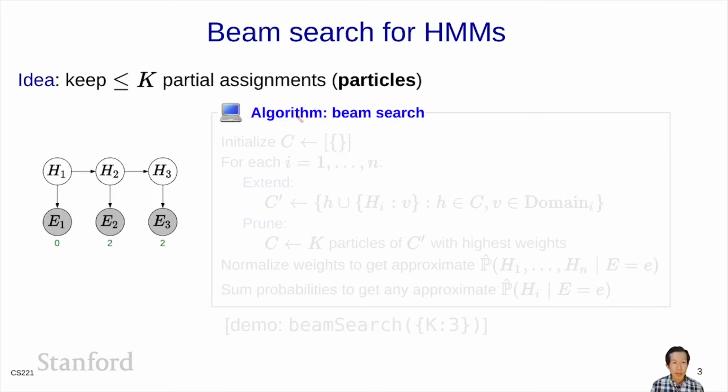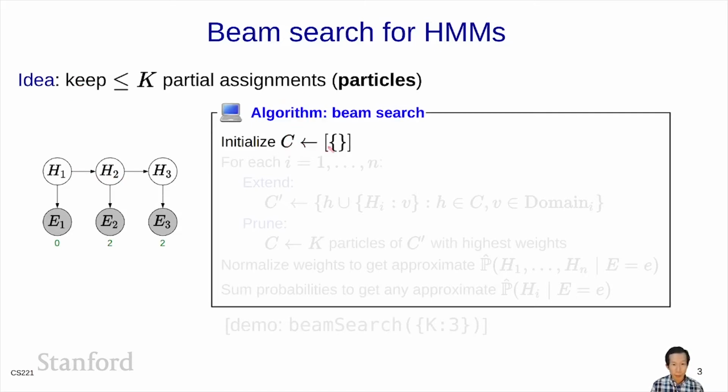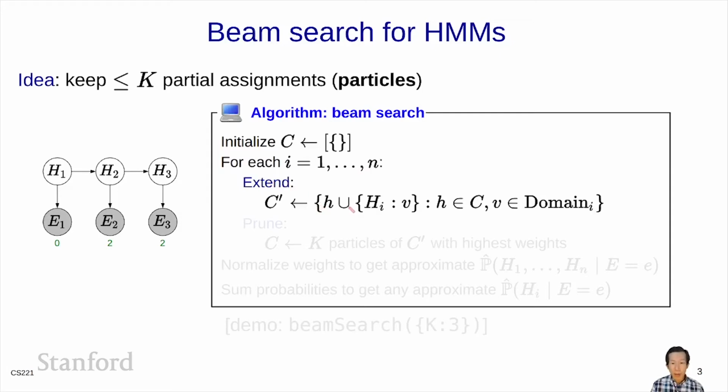Beam search starts with a candidate set of only one assignment, which is the empty assignment. It's going to go through each variable in turn from 1 to n. For each of these partial assignments for h1 to hi minus 1, I'm going to take that, and then consider all possible values I can assign to hi.